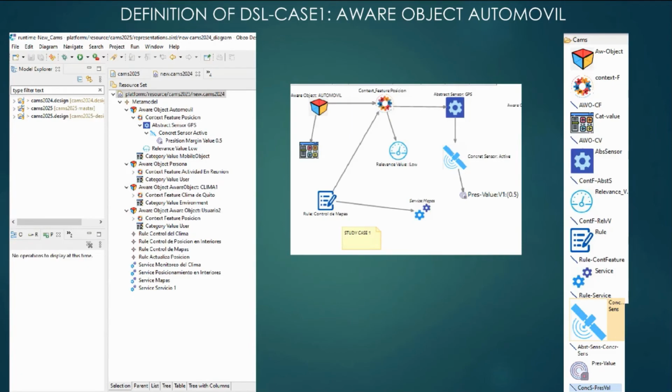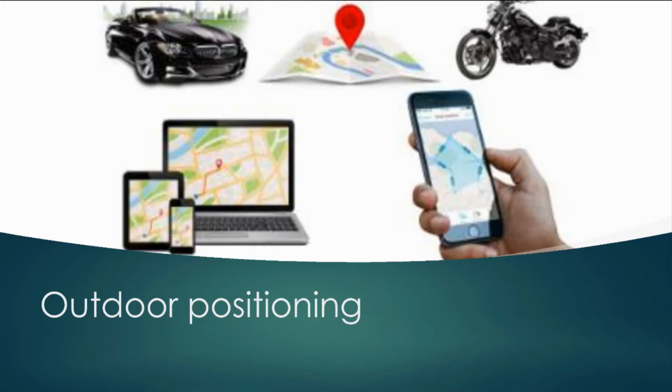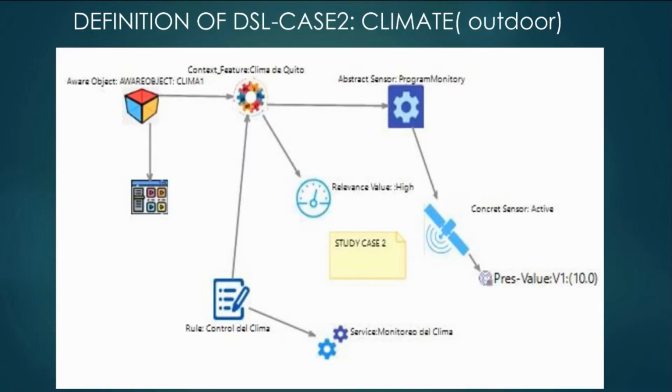And it is very important to see that it is not only for outdoor position. For example, here we can address the problem of outdoor with the monitoring of the weather, and we have abstract sensor and concrete sensor for monitoring the weather.